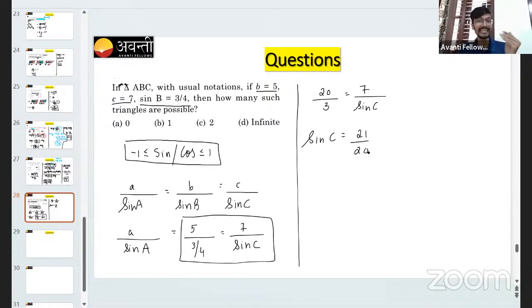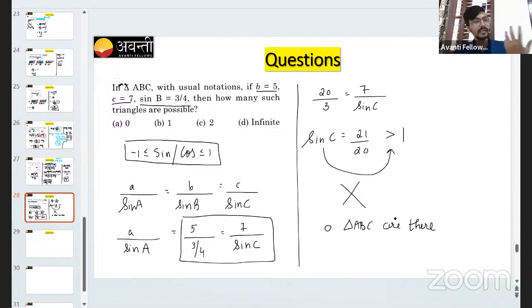Numerator is greater than denominator, that means this is greater than 1. And since sin C is greater than 1, it is never possible. That means 0 triangles ABC are there.